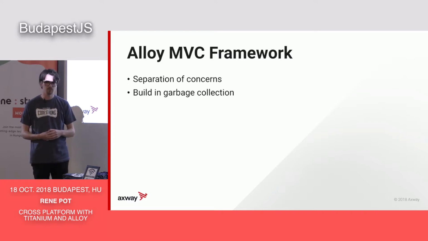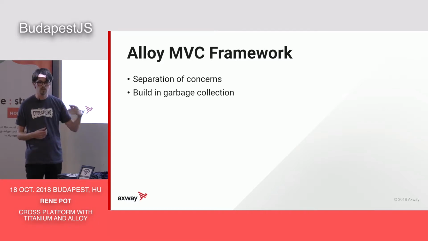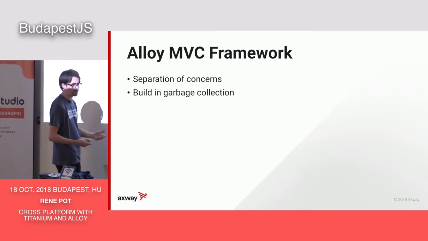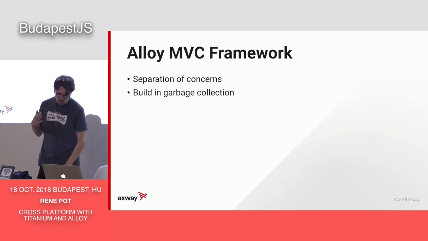If you don't remove those event listeners, iOS will keep thinking you're using it. Alloy works by capturing those events, so if you close a window, all the events bound to that window will be removed. Of course, there's always stuff like global event listeners, which you still need to clean up, but most garbage collection happens out of the box.